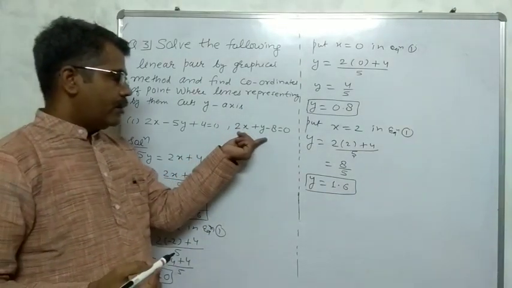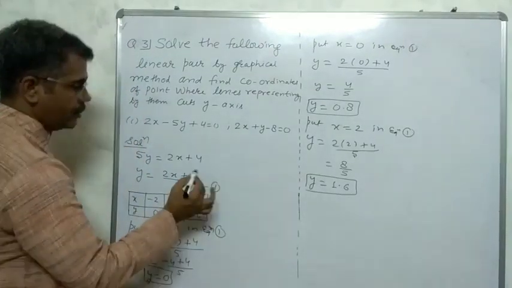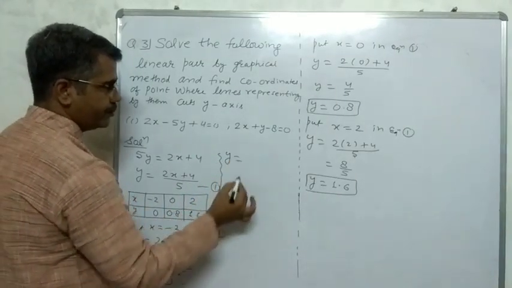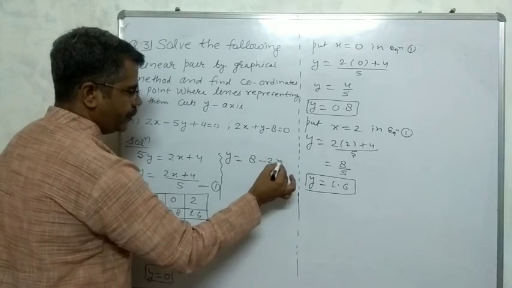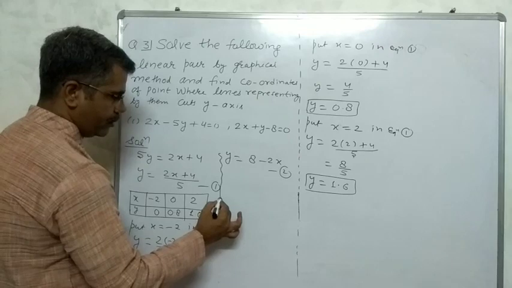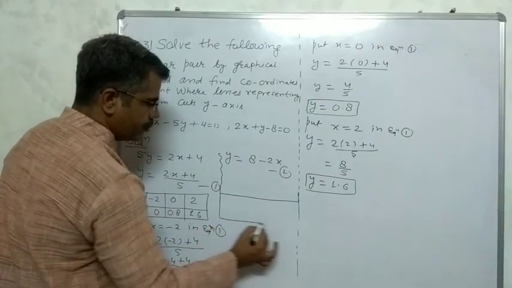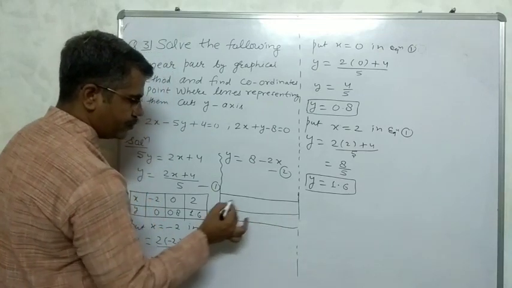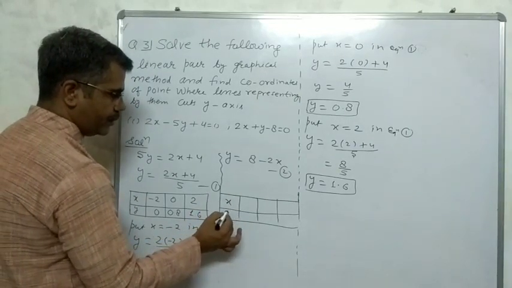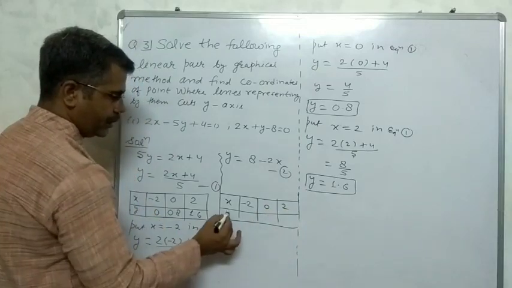Again we solve the second equation, writing it in terms of y. Y equals to 8 minus 2x, equation number second, and make a table. And choose x equals to minus 2, 0, 2.